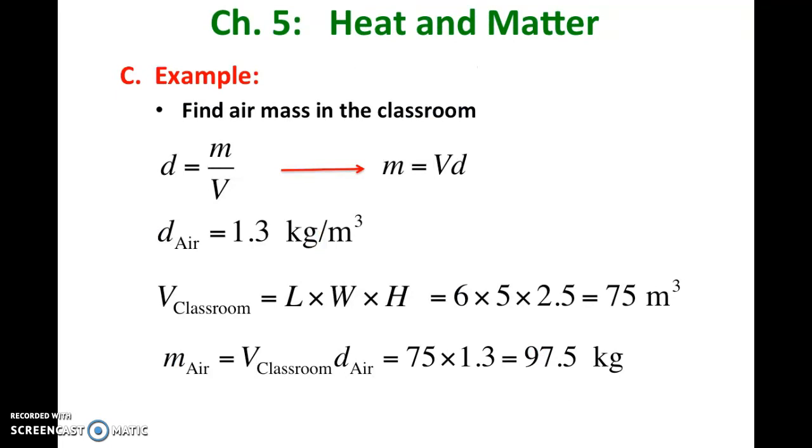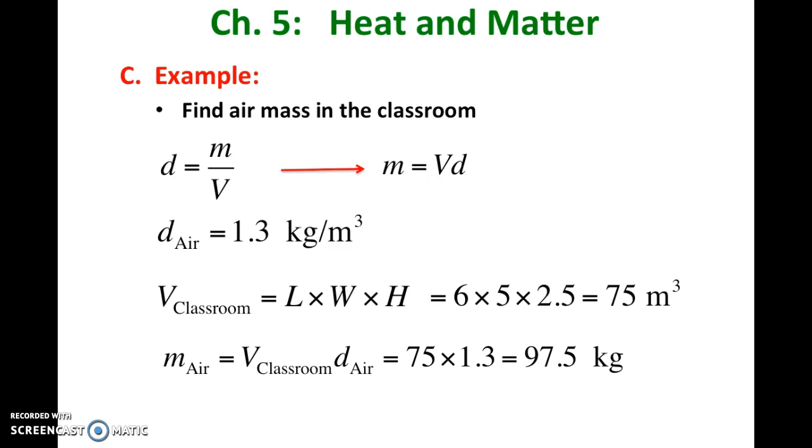For example, find air mass in the classroom. From the density formula, D equals m over V, we have mass m equals density D times the volume V. Density of air equals 1.3 kilogram per cubic meter given by the table. Volume of the classroom can be measured if the length, width, and height are measured at 6, 5, and 2.5 meters respectively.